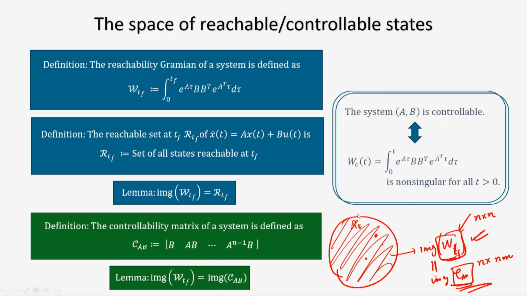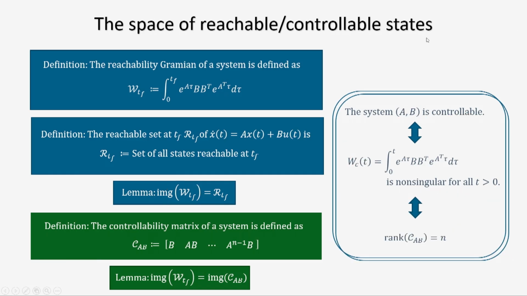Now, like for the controllability Gramian, we say that if the system is controllable, then this controllability Gramian must be non-singular. In the same way, if AB is controllable, then of course the image of CAB should also have full rank.